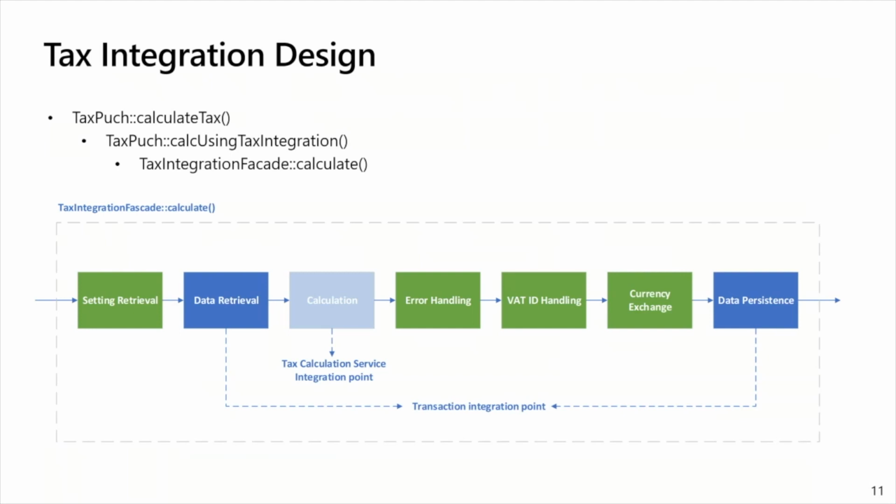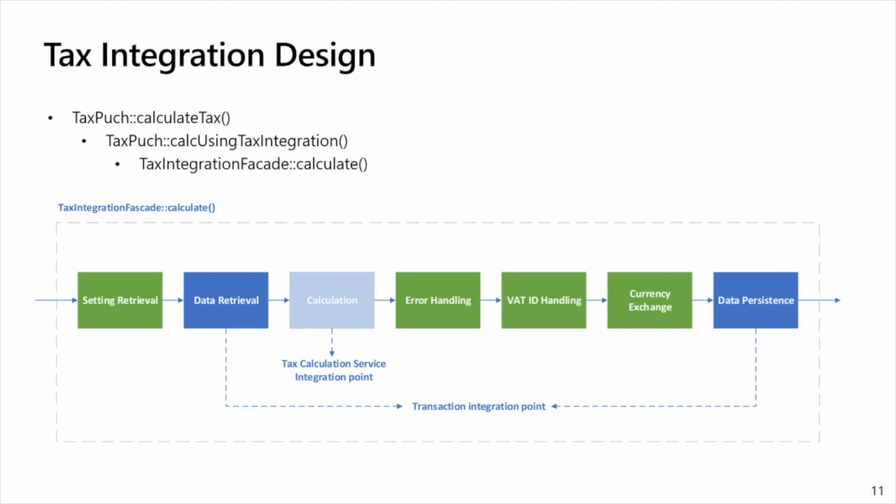Okay, thank you, Kai. So here, let me just introduce the design of the tax integration part with our tax service. I'll take one example, a purchase order. For the purchase order, a major entry point for purchase tax calculation is tax purge, calculate tax.